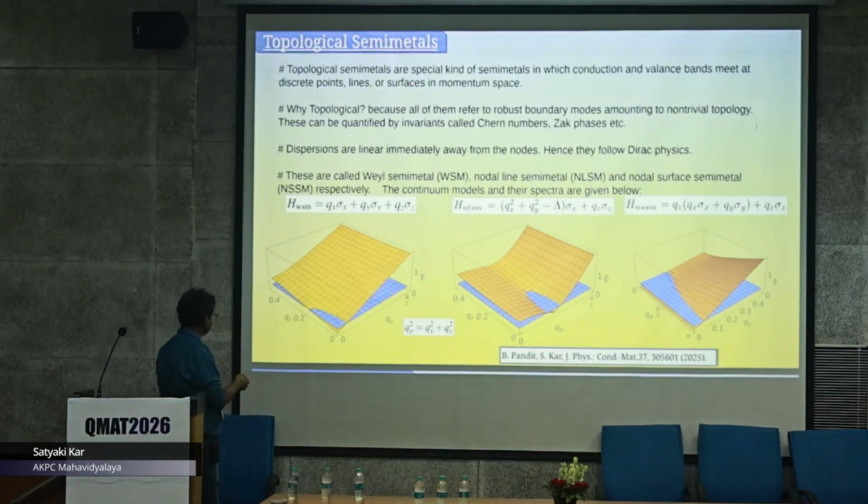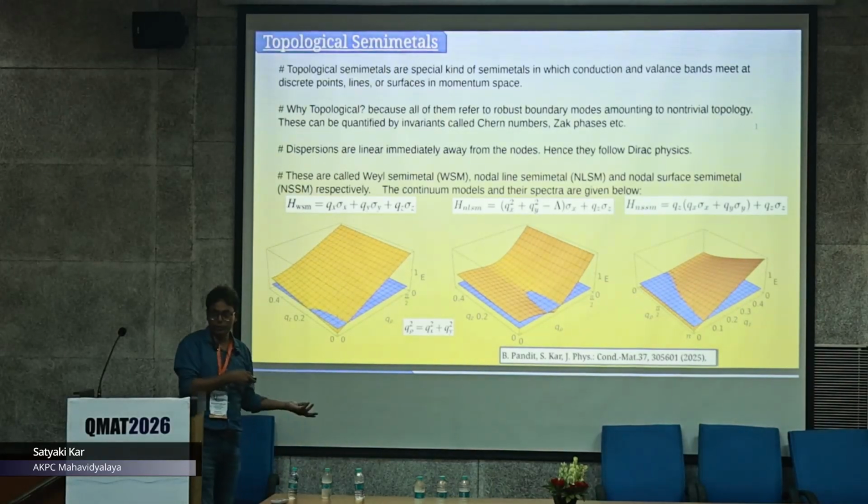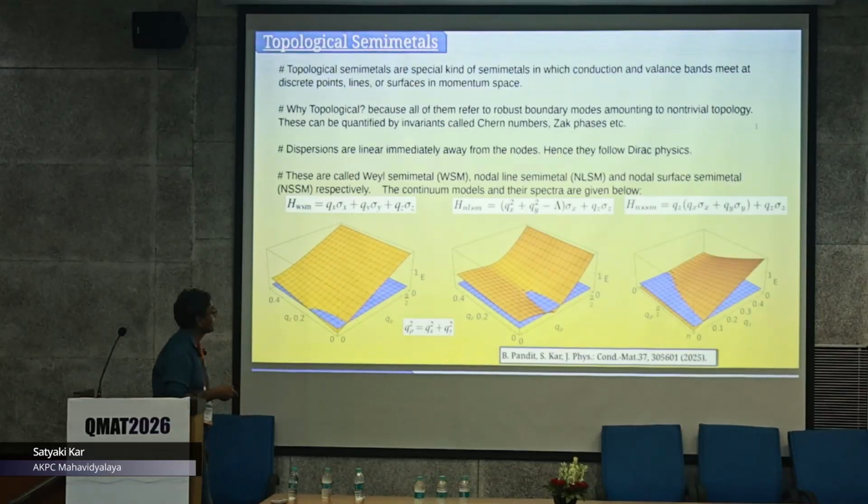So you can see that for zero energy, you can have both Qz and Q rho to be zero for this case. For this case, for energy to be zero, we have to have a single value of Q rho, but Qz non-zero. And here you can have all values of Q rho at Qz equals 0 to get your zero energy. So these are the three different scenarios for these three different kinds of semi-metals.